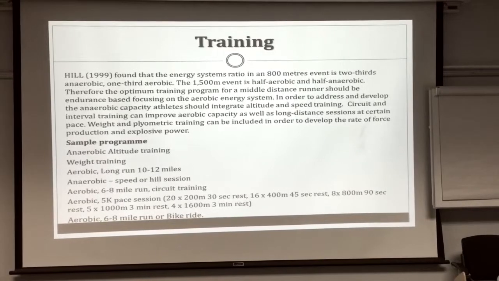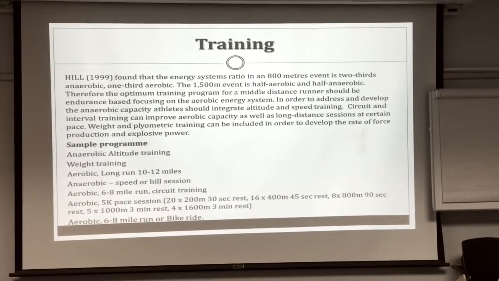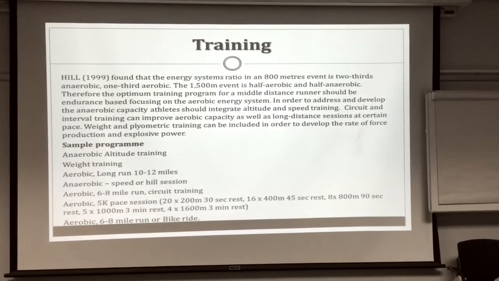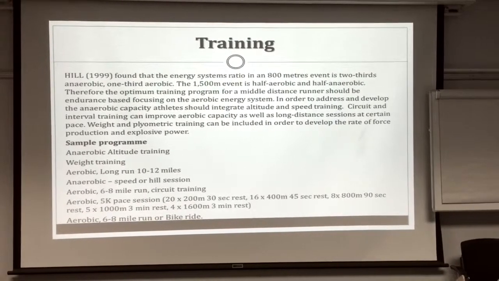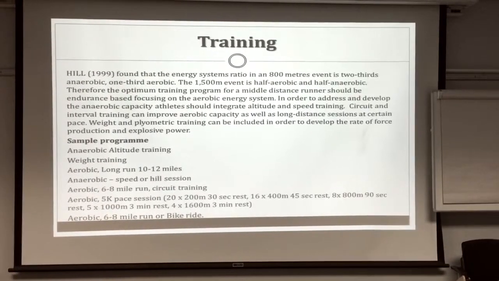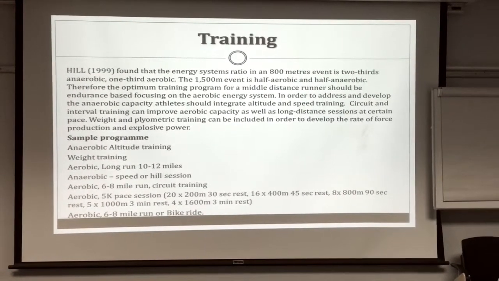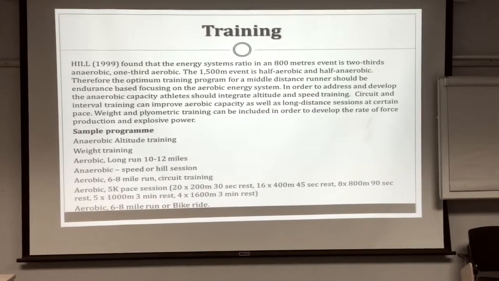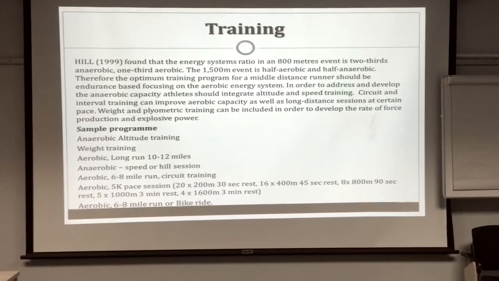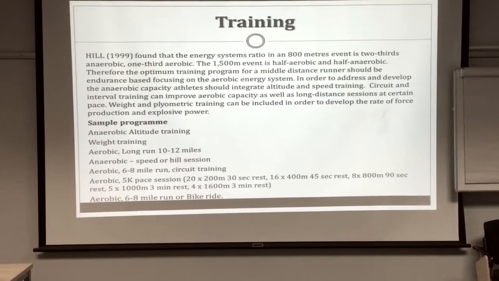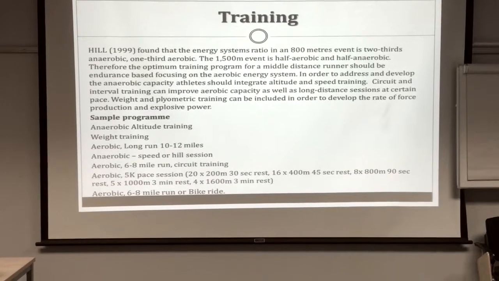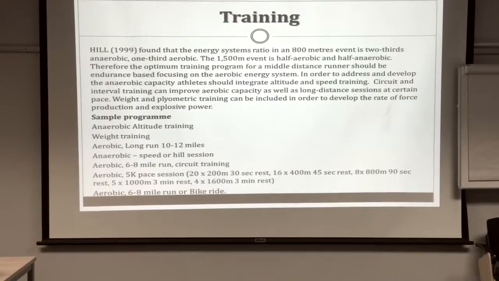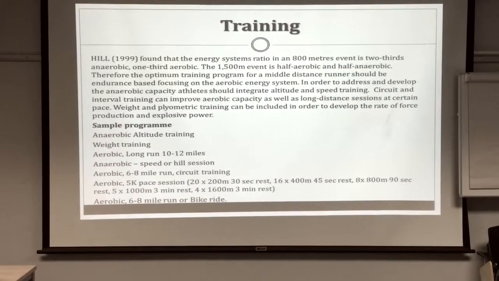So sample trainings that you could put in your program would include anaerobic altitude training, weight training, an aerobic long run, which would be 10 to 12 miles long, anaerobic speed or hill sessions, aerobic training, which would be a 6 to 8 mile run or a circuit training, aerobic training at 5k pace sessions, which could then be divided into multiple sets and reps and intensity levels, and an aerobic 6 to 8 mile run or a bike ride.